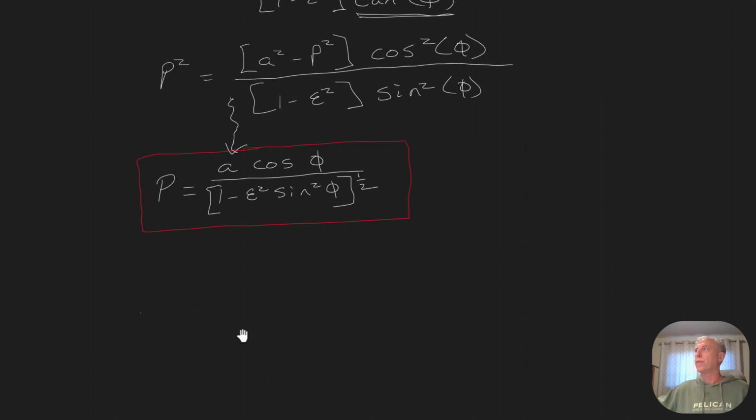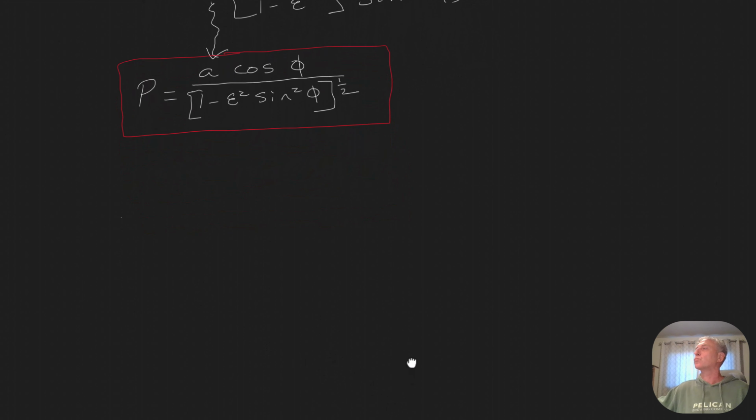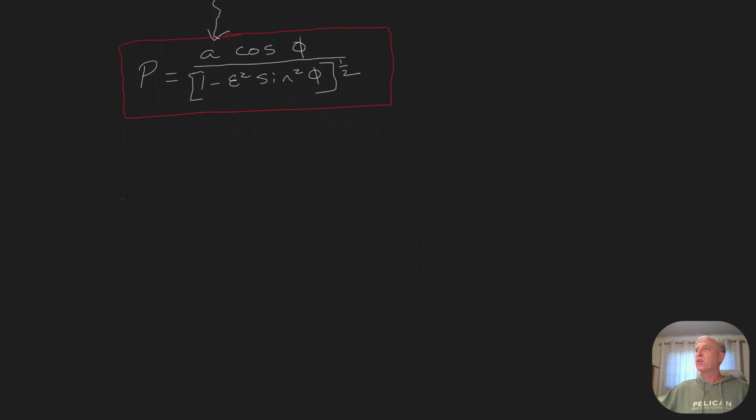There's a lot to that. And I definitely didn't skip steps. Well, I kind of did at the very end, but I did rush through pretty quickly. So make sure you go through that. You understand that derivation.